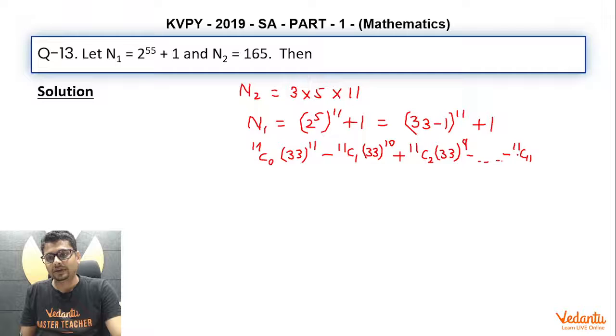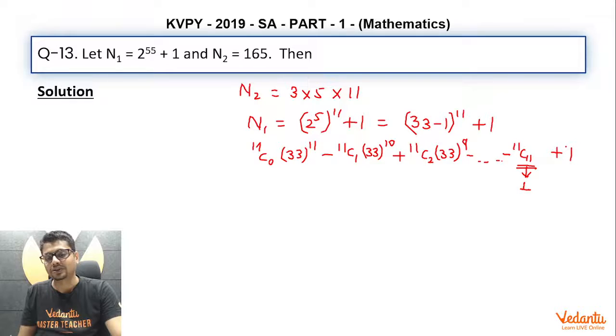Essentially, in this last term, we are giving 0 power to 33 and all 11 powers to minus 1. So effectively, it becomes minus 11c11. Now, 11c11 is 1. So minus 11c11 is minus 1. And mind it, there is plus 1 more there apart from this binomial expansion. This plus 1 is there, which we write here.